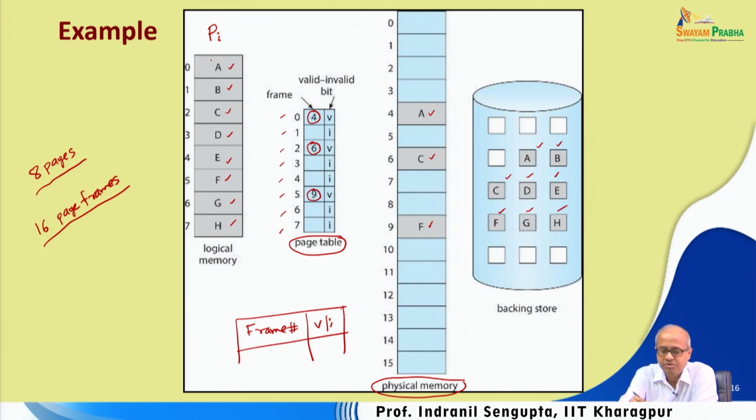Page number 0, which is A, page number 2, which is C, and page number 5, which is F. So, A, C, F are the 3 pages which are loaded. The corresponding entries are marked as valid V, V, V. All the other 5 pages which are currently not in memory, the entries are marked as invalid.